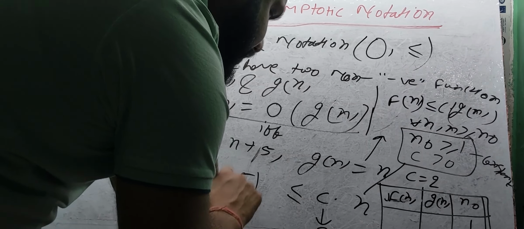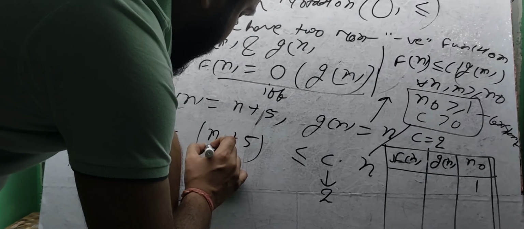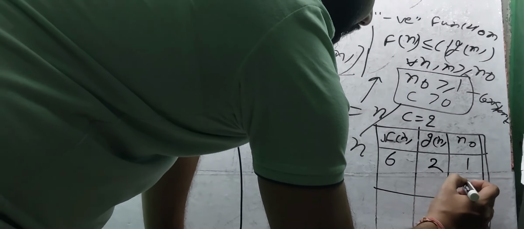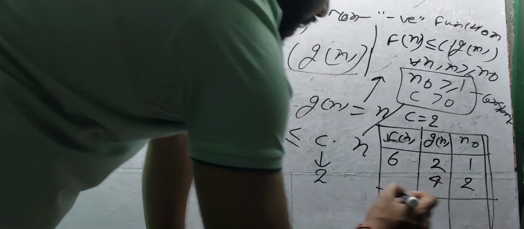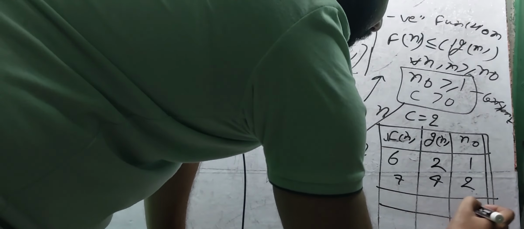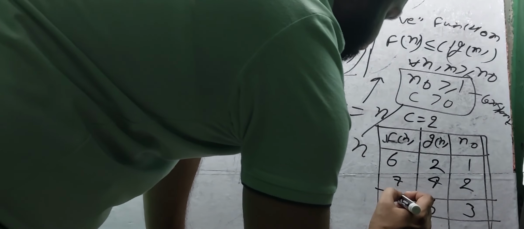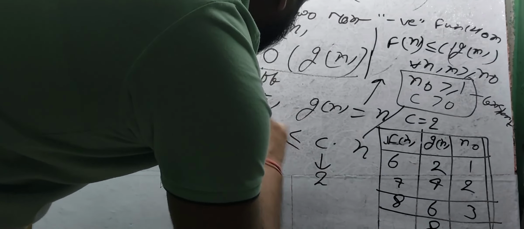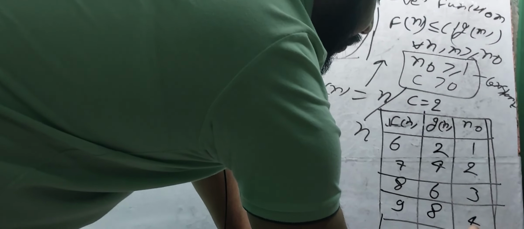If we put 1 in f of n in the place of n, then its value will be 6 and its value will be 2. Next time put 2. When we put 2 here, g of n will be 4 and this will be 7. Next, if we put 3, then its value will be 6 and its value will be 5 plus 3, that is 8. Now if we put here 4, then it will be 8 and 4 plus 5, f of n is 9. Now put 5.